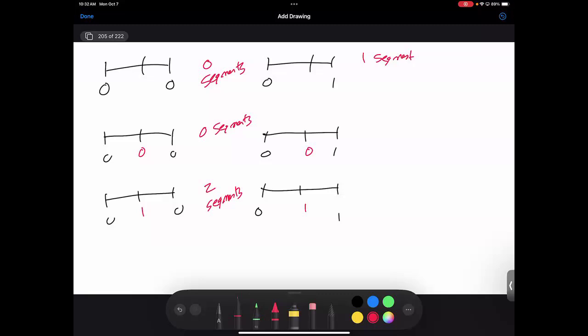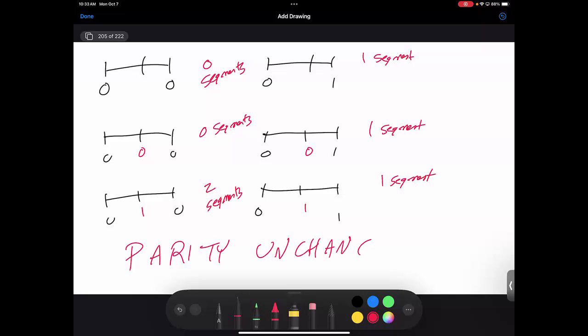When I start with the 0,1, and I add a 0 in between, how many 0,1 segments do I have? 1 segment. And how many do I have here? 1 segment. Parity unchanged. And since we start with just 1 0,1 segment, we start with an odd number of 0,1 segments. We must end with an odd number of 0,1 segments.